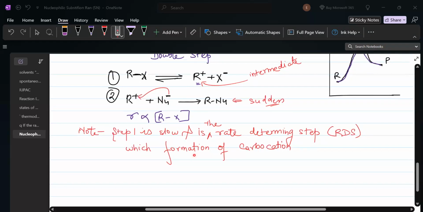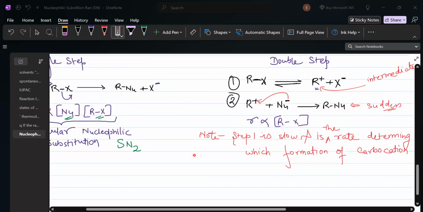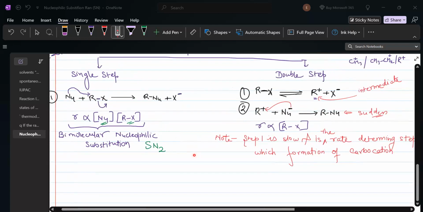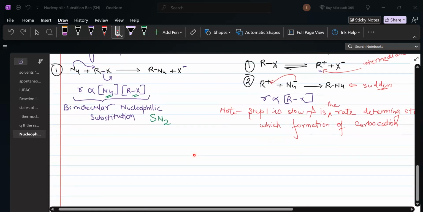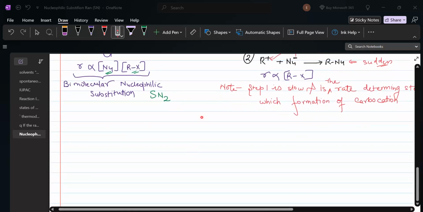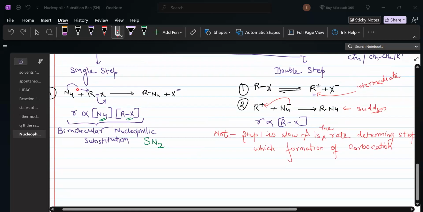Okay, we will go into detail with this SN1 and SN2 reaction again, so you don't have to worry. This is popularly known as SN1 reaction, and this is SN2 reaction.